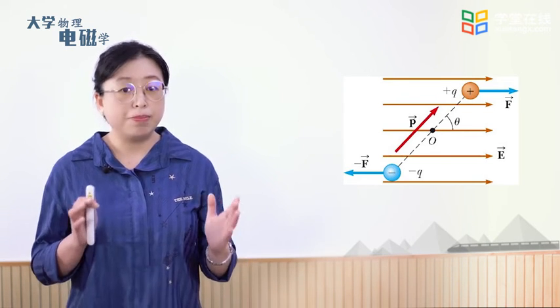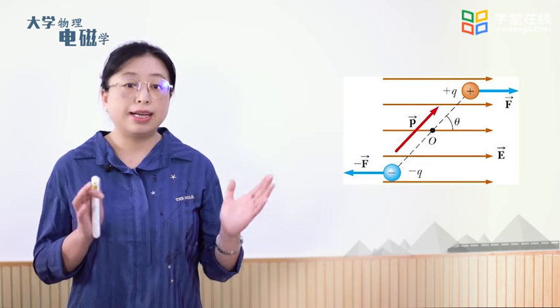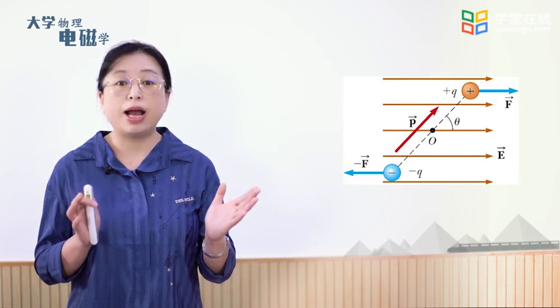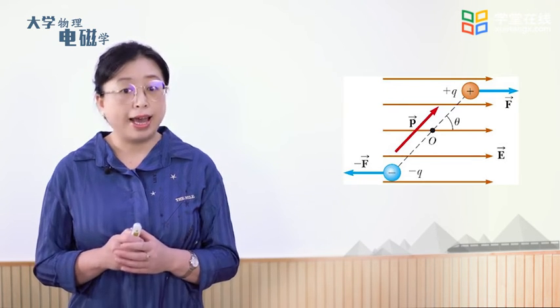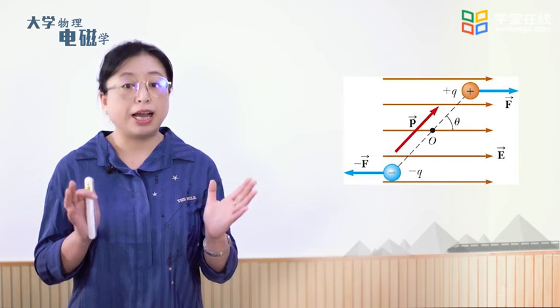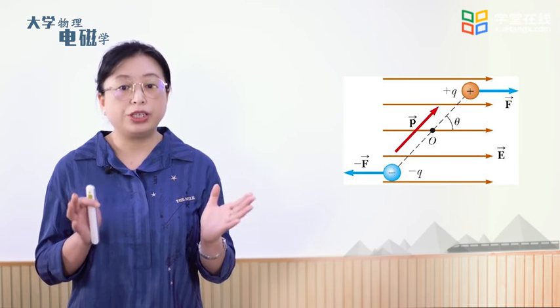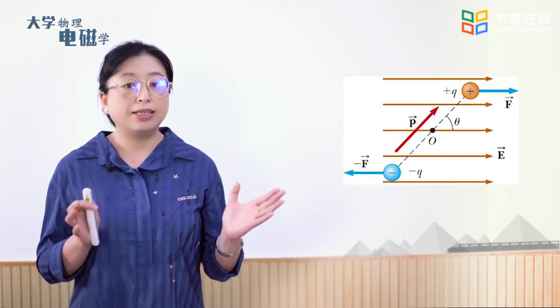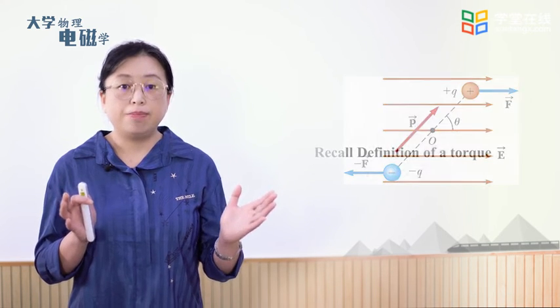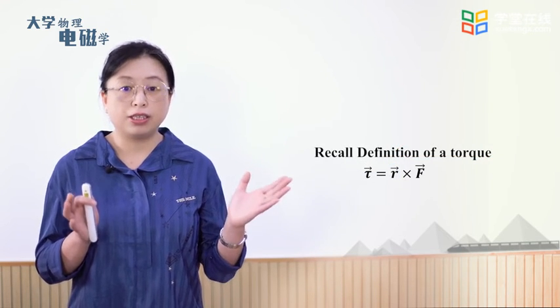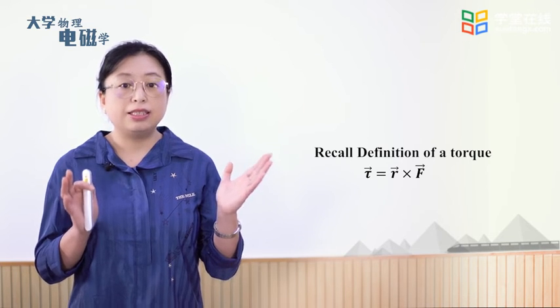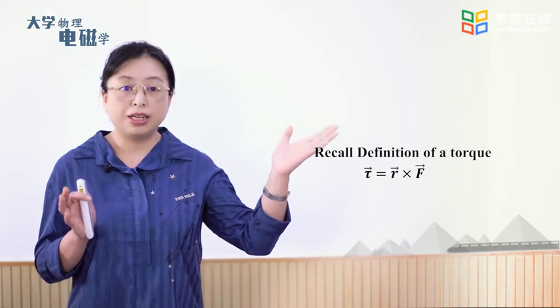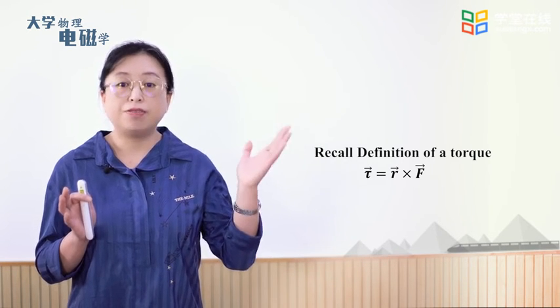So, for the system composed of these two charges, the center of mass must have 0 acceleration. On the other hand, we could also study the dipole as a model of the rigid object under a net torque. Let's analyze the net torque on the dipole. By applying the definition of a torque about an axis, tau equals the cross product of the vector r and the force.